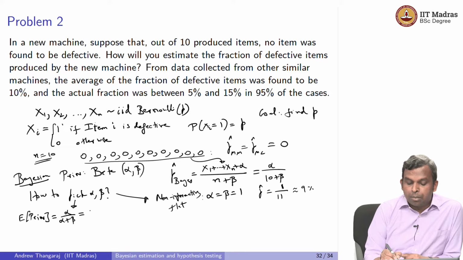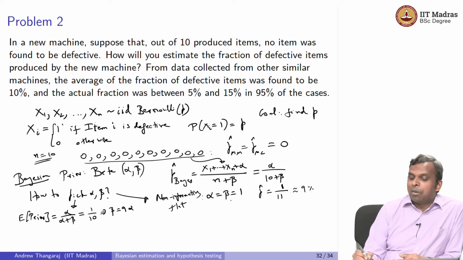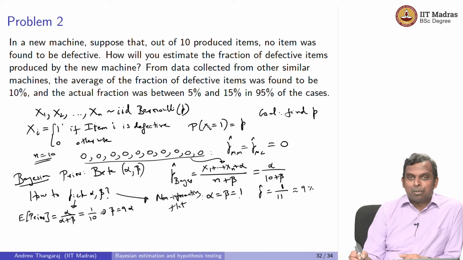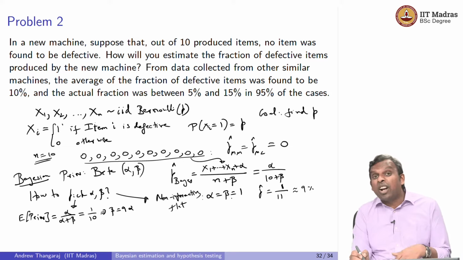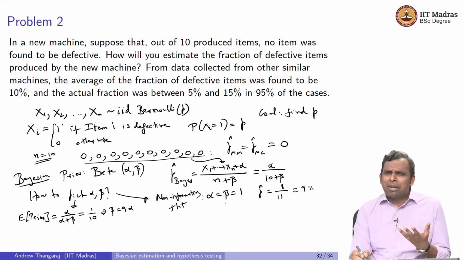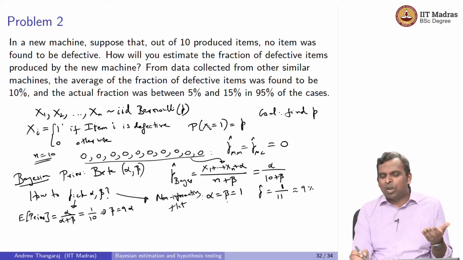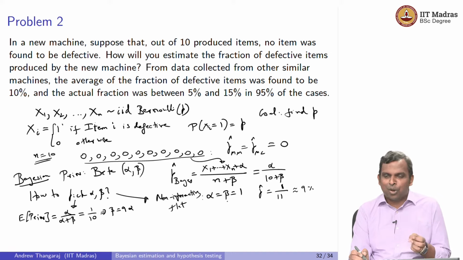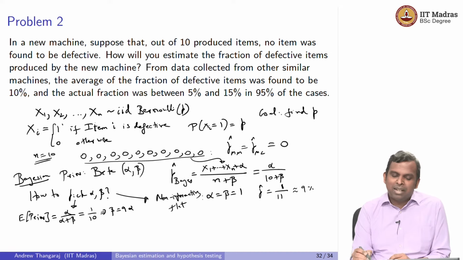This you equate to 10%, which is 1 by 10. So this will give you beta equals 9 times alpha. This is different from alpha equals beta equals 1, which gives you an expected value of 0.5. Do you really expect half the things produced by the machine to go wrong? Then you're in a different ball game, so you're talking about something else. So in this case, maybe beta equals 9 alpha is a better choice.